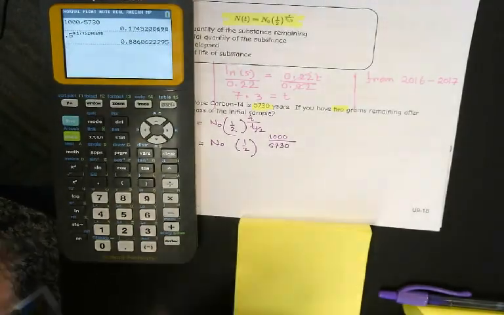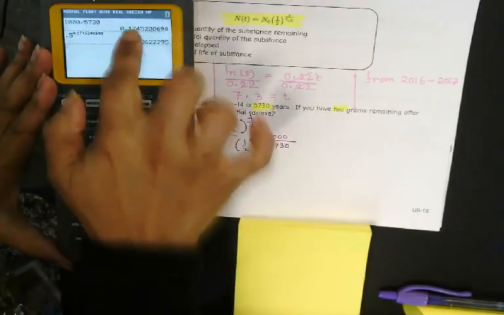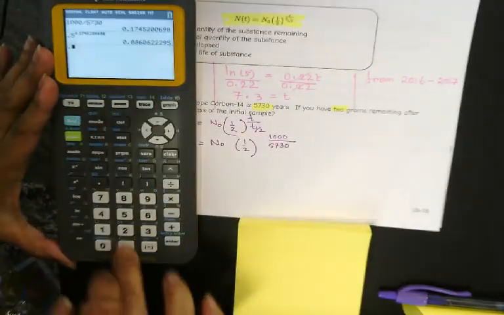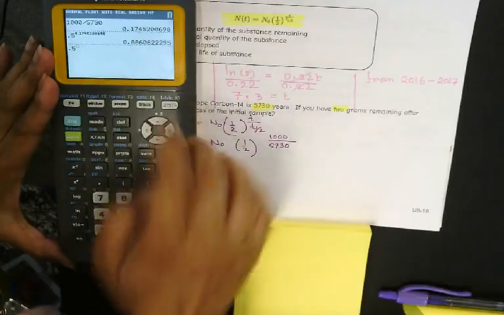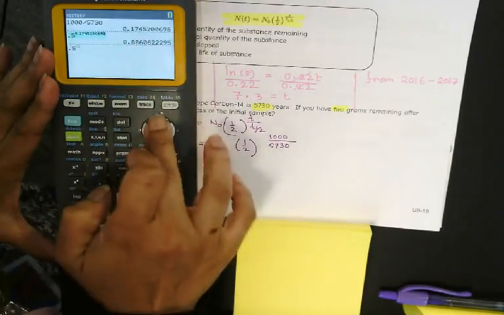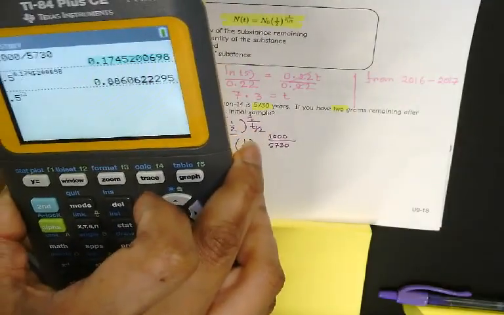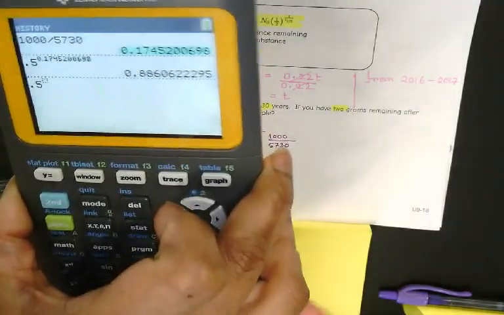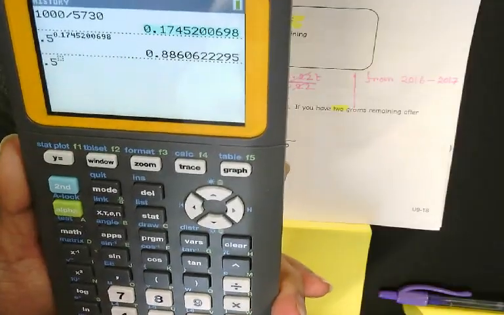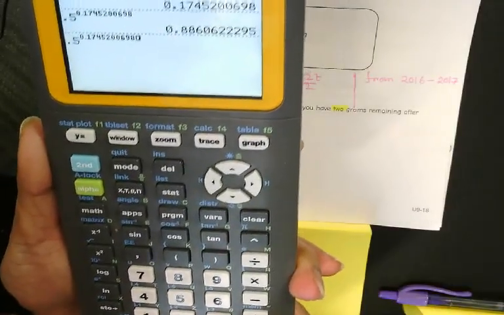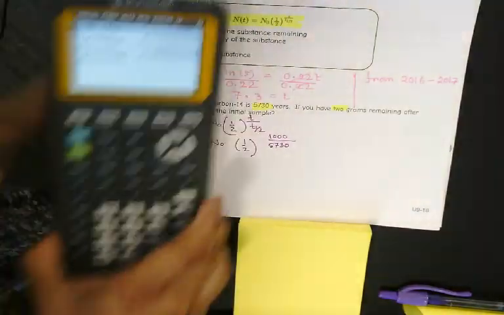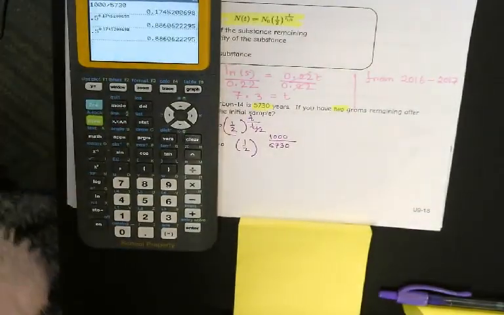Let's do it one more time. I need 0.5 to the power this value. I'm going to take my cursor over here and highlight it. Once you highlight this one and hit enter, it's going to bring it on the top. Then hit enter, it's going to give you the value.